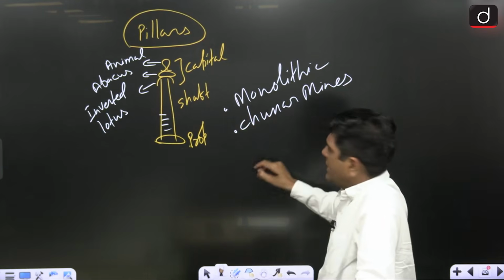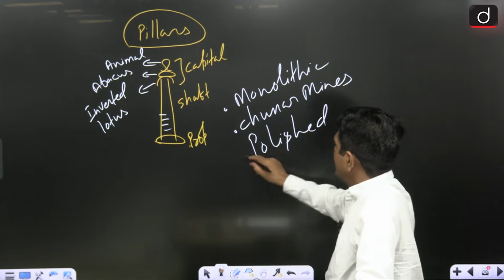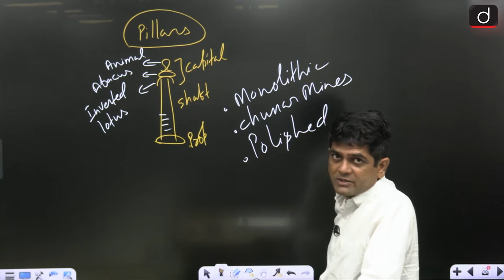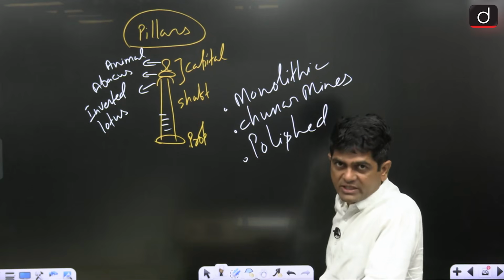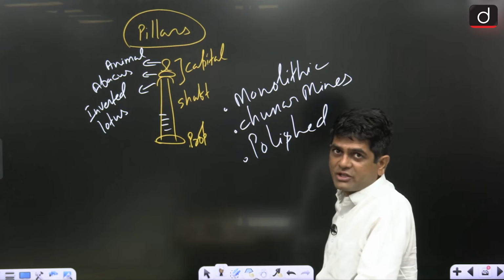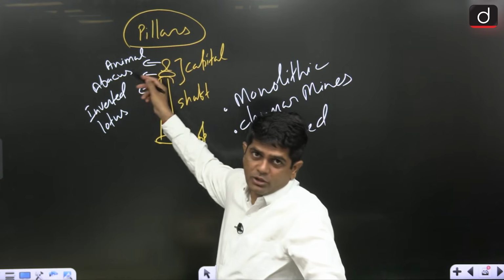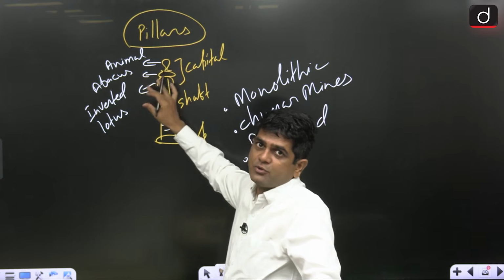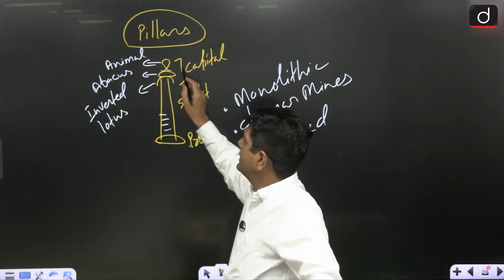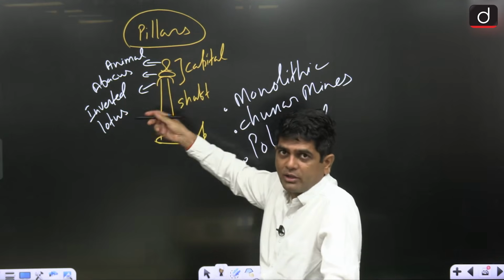Then these pillars are highly polished. We have a few similarities with the Persian pillar as well. But remember, it wasn't a complete copy, complete replica, complete imitation of the Persian pillar. In the Persian pillar, at the top of the pillar, you may find the statue of humans. But here, in the Ashokan pillar, we are finding what?